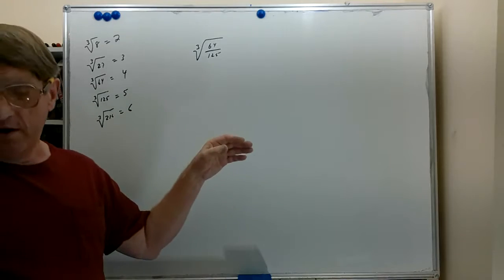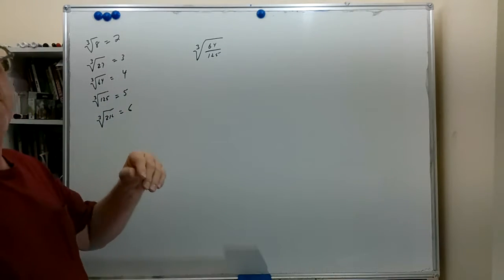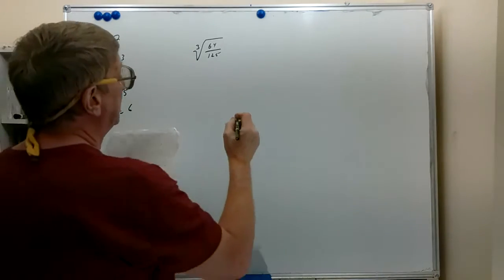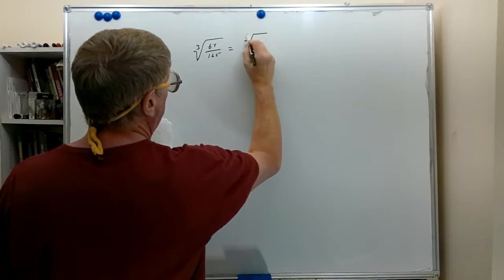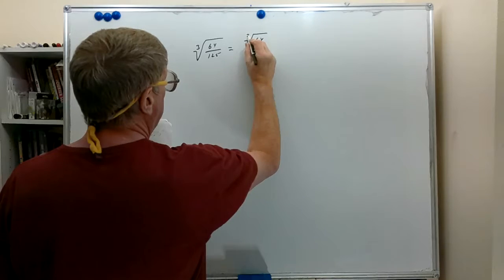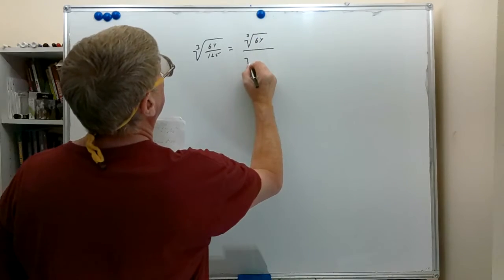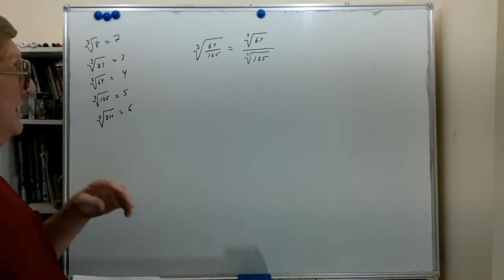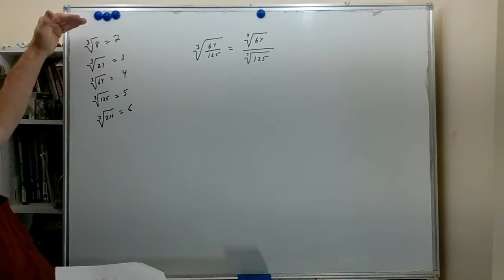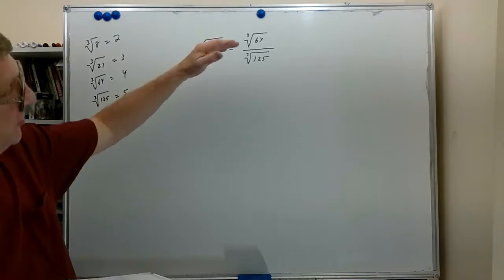Now you remember our rules for powers and roots. These apply to cube roots as well as square roots, so we can separate this into the cube root of 64 divided by the cube root of 125. Now this is why we did these perfect cubes over here, to help us do these problems.